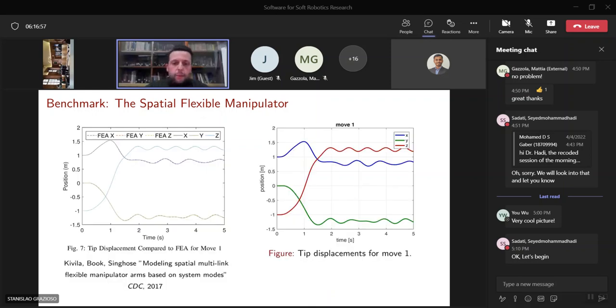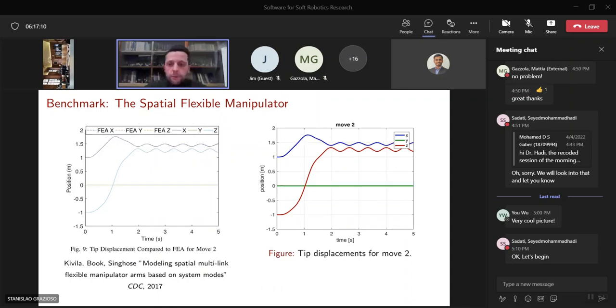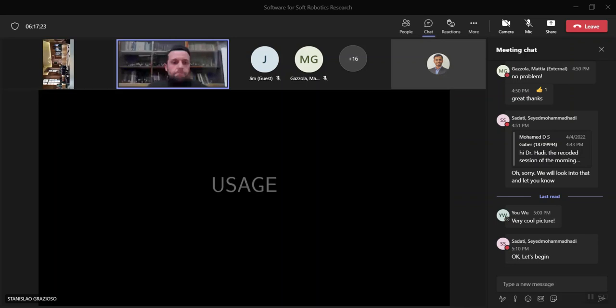We have replicated the experiments presented in this paper, where, for instance, we replicated motions applied at joint level, for 3 maneuvers of the system. And also in this case, as we can see, there is a good match between the simulations and experiments.